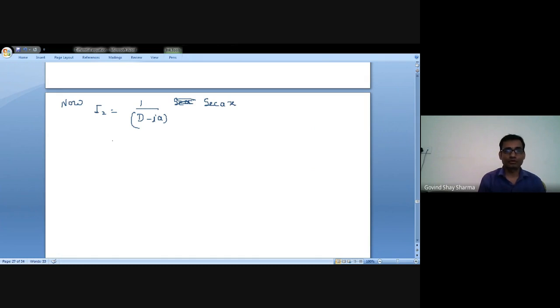So the general solution is e to the power minus iota ax sec ax, meaning secant, into e to the power iota ax.